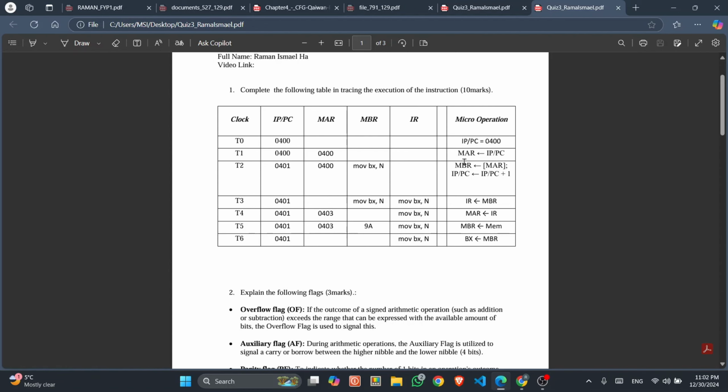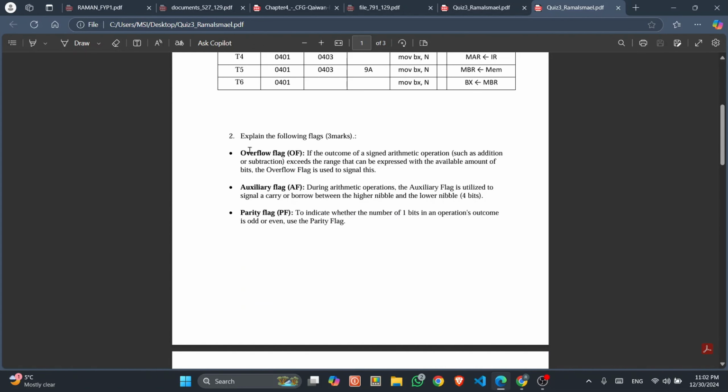Then we assign the value of MBR to IP. It would be the same as IP, which is 0400, and the equation for the MBR is to move n to bx, and this will be the value as execution.